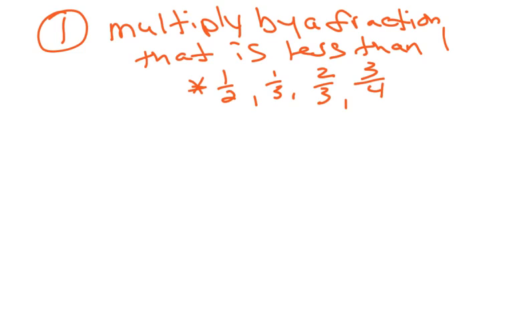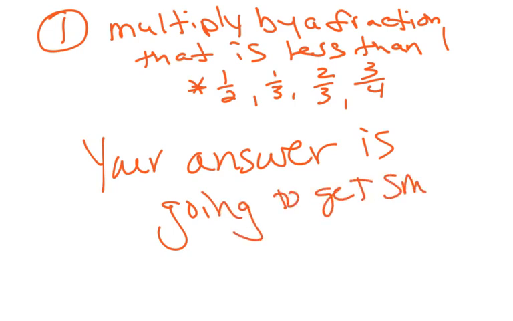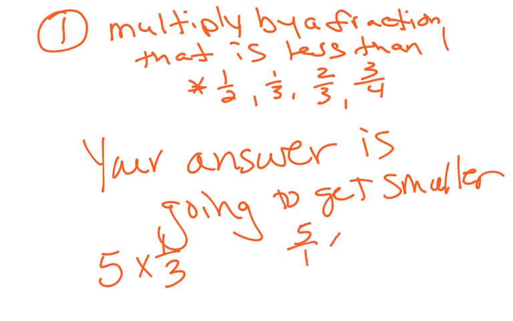Less than 1. What you need to know is your answer is going to get smaller. Okay? So, if I have 5 and I multiply that by 1/3, that's going to look like this. 5/1 times 1/3 is going to be 5/3, right? Because 5 times 1 is 5. 1 times 3 is 3.